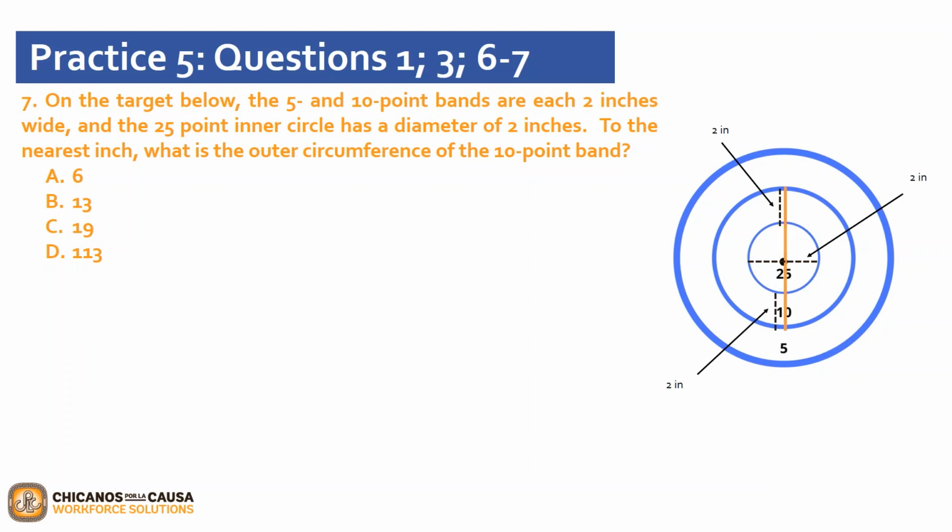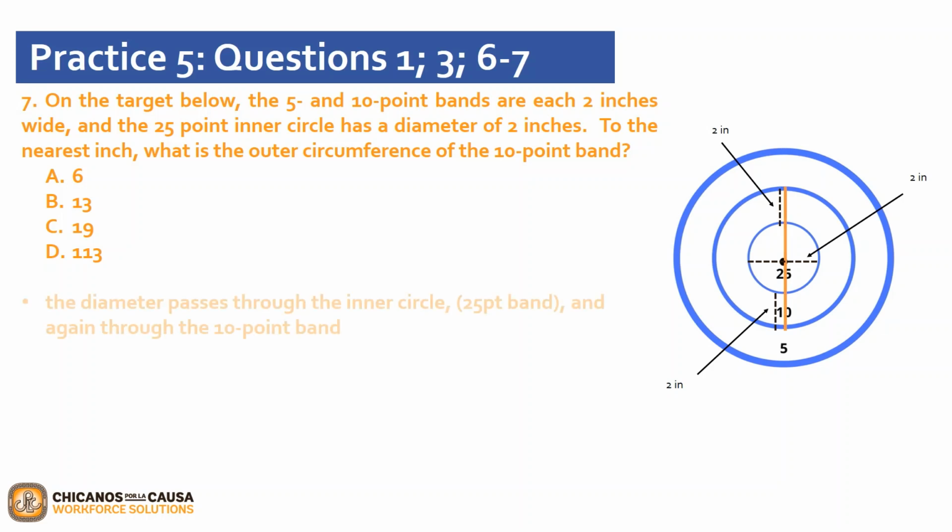If you look at the diagram, we already have the diameter of the 25-point circle, which is 2 inches, and then we have the width, in inches, of the 10-point band. So let's go ahead and solve.